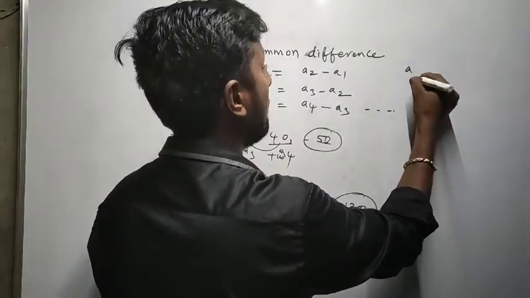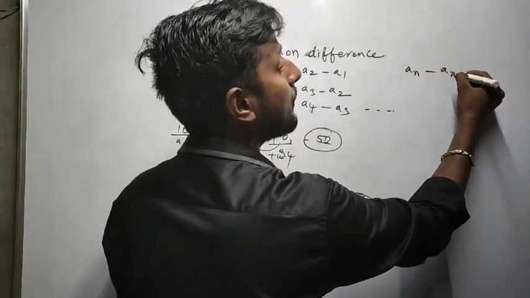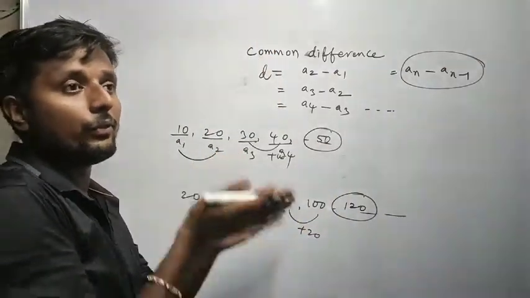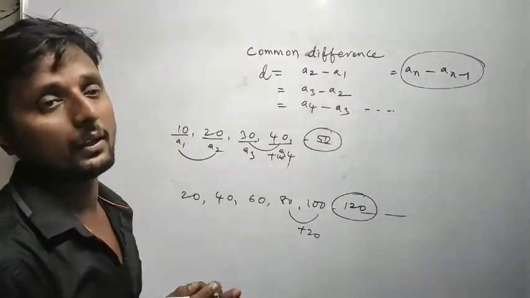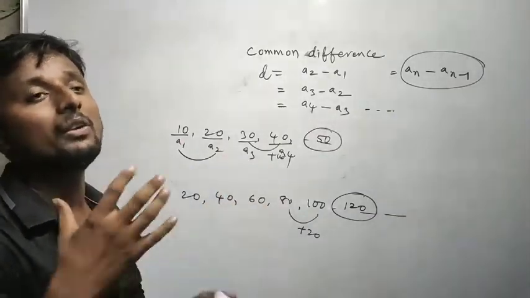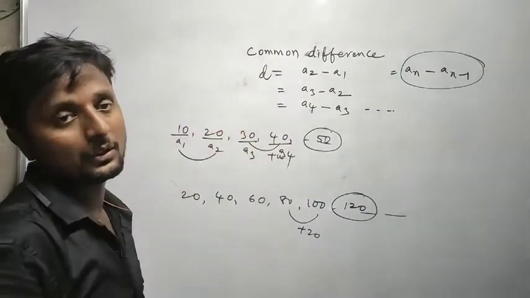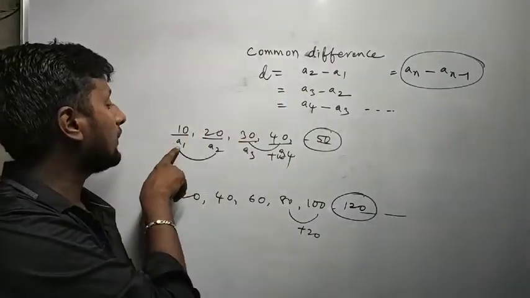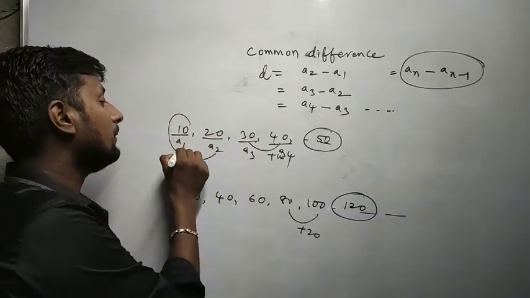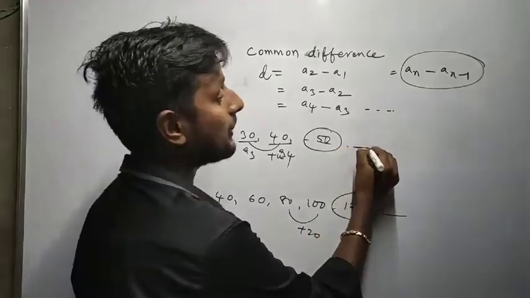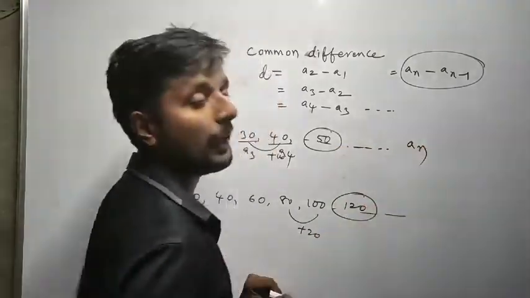In general, AN minus A(N-1): a term minus the term before it. Whatever difference we get, we treat as the common difference D. The first term A1 can also be treated as A, and the nth term we call AN.